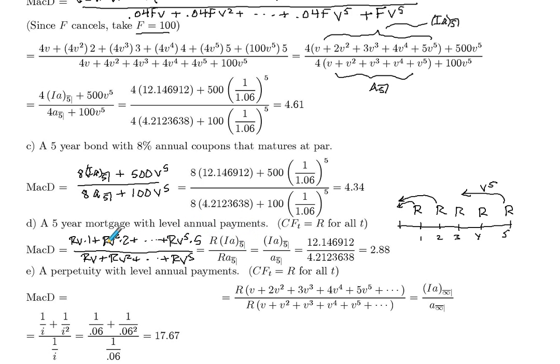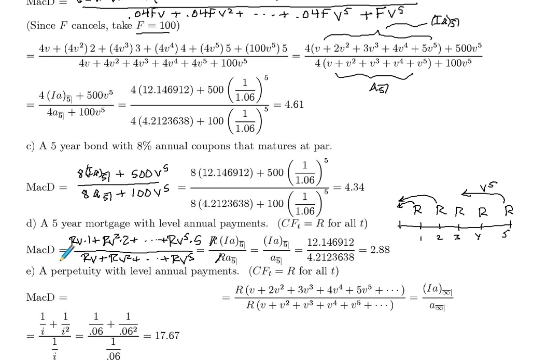And on the bottom we have v plus v squared up to v to the 5th, which is just a angle 5. So our payment cancels out. The value of the Macaulay duration in this case is (Ia) angle 5 over a angle 5. We already figured these in previous parts of the problem, and that ratio is 2.88. And notice that 2.88 is the smallest duration we've got so far.